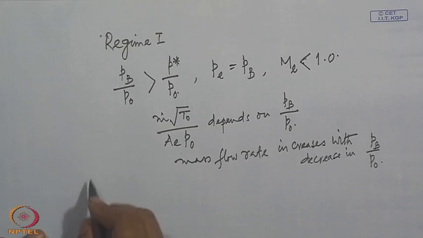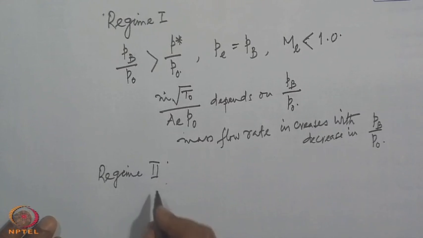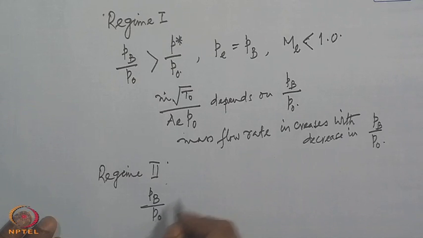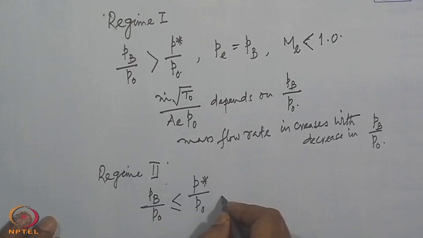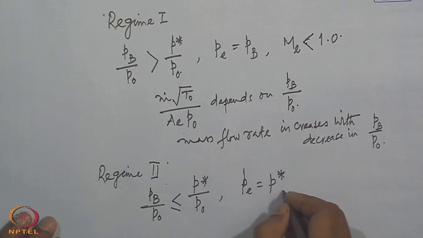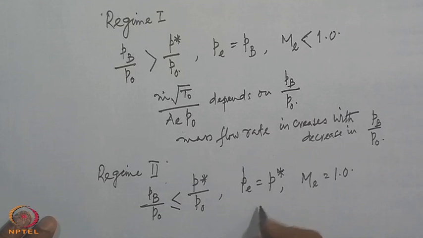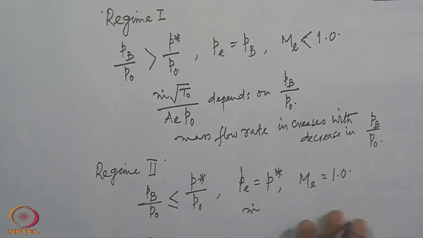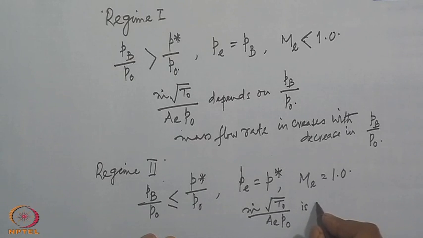In regime 2, I have already stated that P b by P 0 is less than P star by P 0, P e equal to P star, M e equal to 1, and m dot root T 0, that is the mass flow rate, is constant.